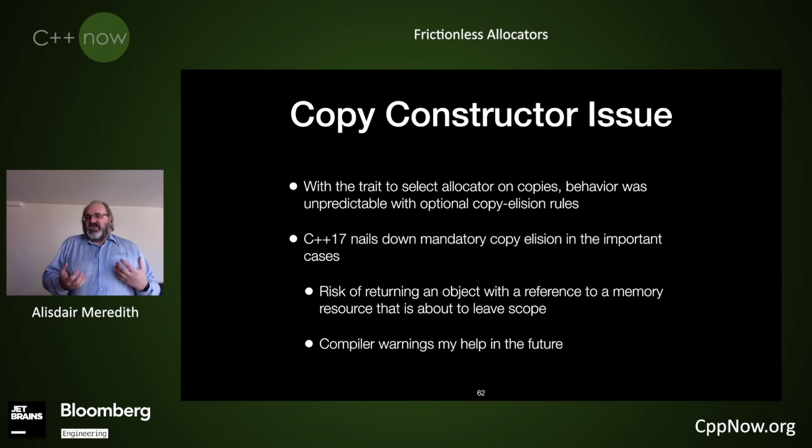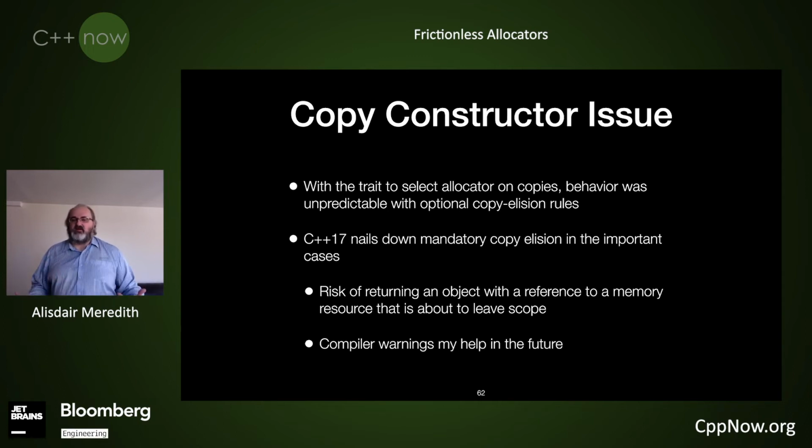And that's why we have the notion of a default allocator in the PMR model, because if we're not going to pull it from the object we're copying, we have to reach somewhere, so we have this global notion of the default allocator. Now, C++17 nails down the notion of copy elision, so that even though we now fixed our copy constructor to correctly switch to the default to try to avoid leaking the allocator out from the example we showed earlier, you have to now somehow find a way to force that temporary, because now it's at least guaranteed.